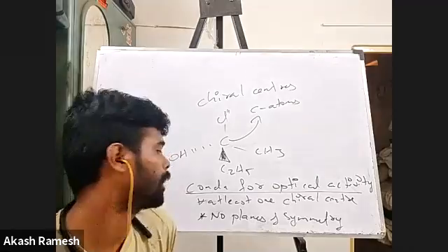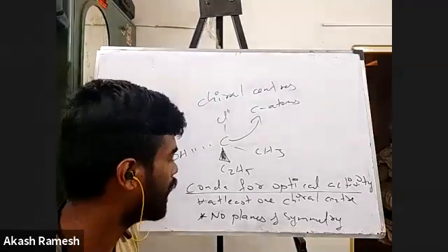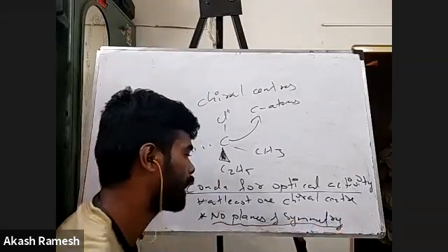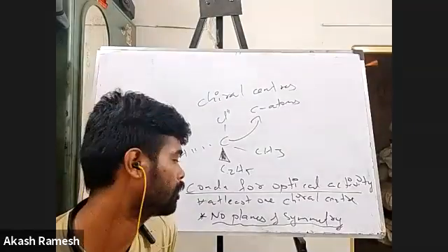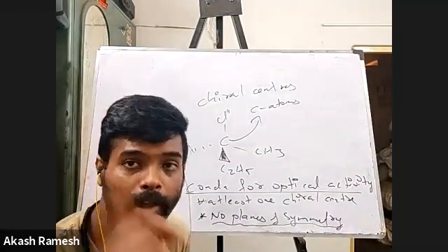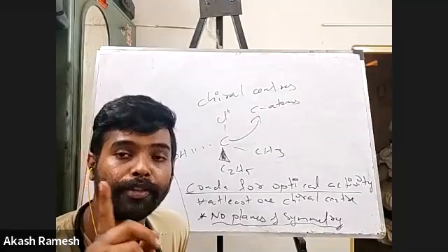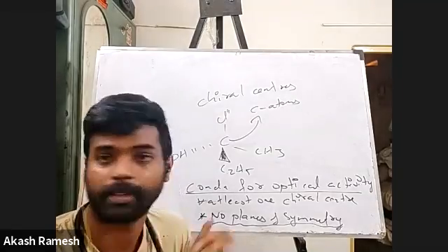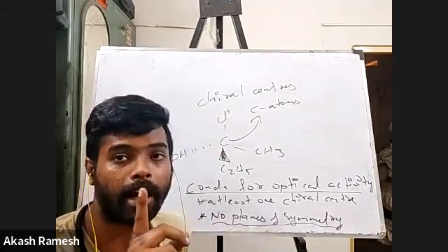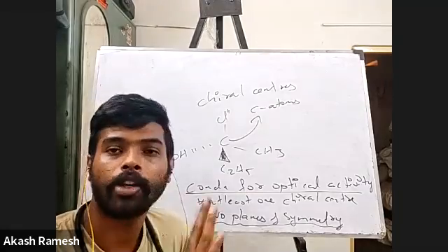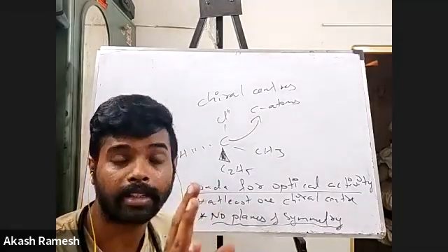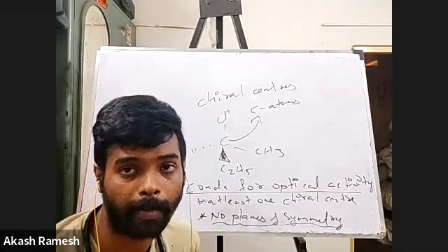Now, you don't have to look into the plane of symmetry if you have only one chiral center. If you have only one chiral carbon atom in the whole molecule, then you can just close your eyes and say that the molecule is going to be optically active.